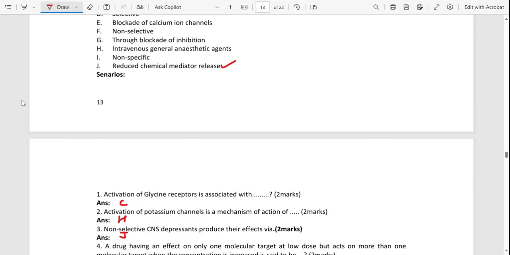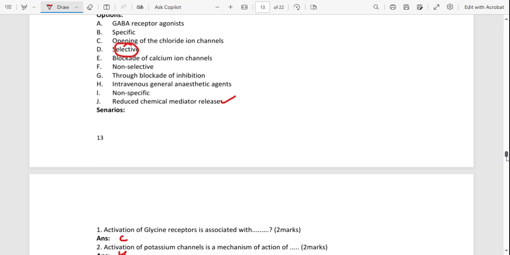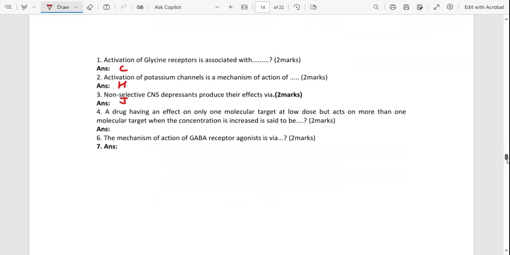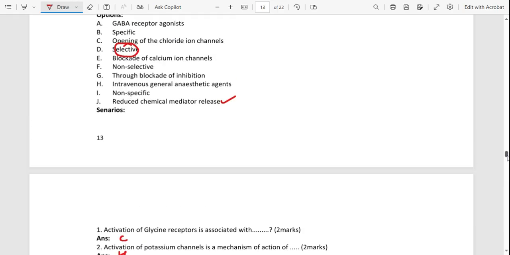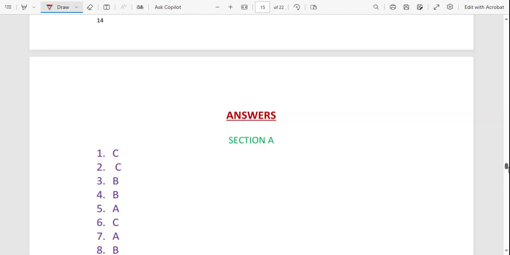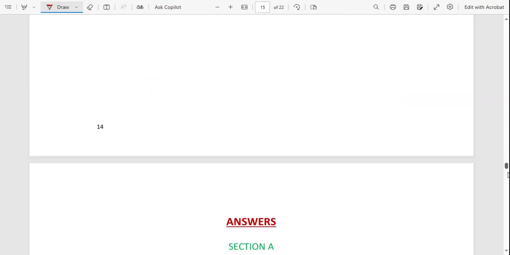We call such a drug as being selective. Something that is specific, it doesn't matter the concentration. And then 6, the mechanism of action of GABA receptor agonist is via. So GABA receptor agonists, drugs that stimulate GABA receptors, will actually promote the opening of chloride ion channels. Okay, so that is it for this paper, and thank you so much for being present.